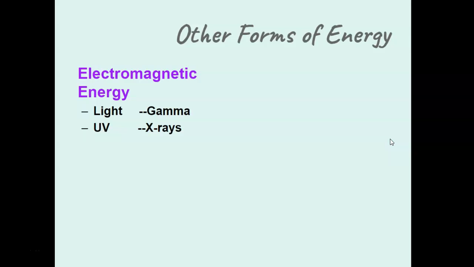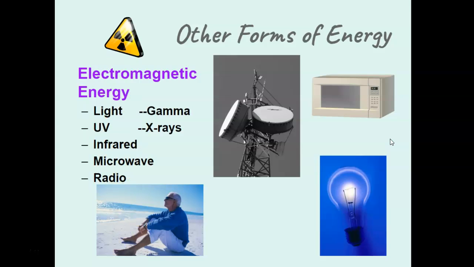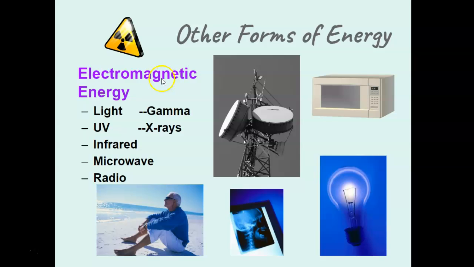Electromagnetic energy is another one of the forms of energy that we're going to discuss. Let's look at different examples of electromagnetic energy. We abbreviate electromagnetic energy as EM energy. In electromagnetic energy, we see a variety of energies: light, gamma rays, X-rays, UV rays.